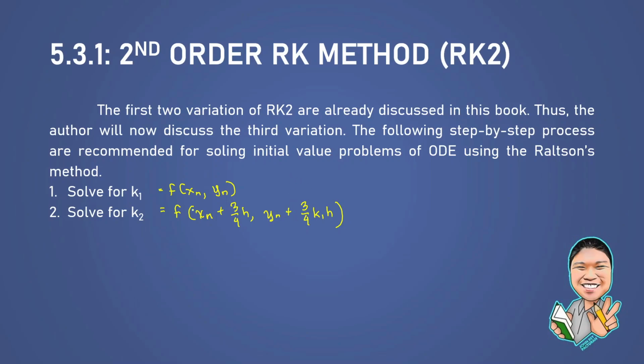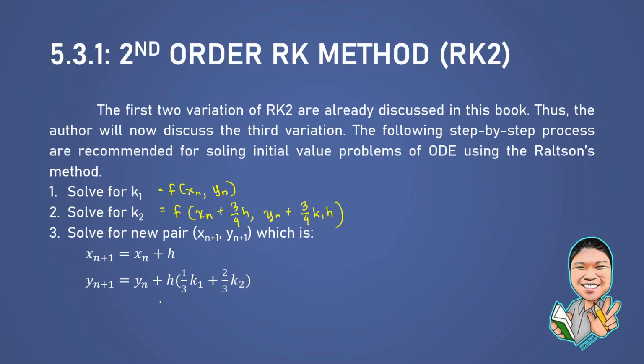So, next natin, yung step 3 is to solve for the new pair x sub n plus 1 and y sub n plus 1, which is, ito lang siya, x sub n plus 1 is equal to x sub n plus h and yung y sub n plus 1 is equal to y sub n plus h, the quantity 1/3 k1 plus 2/3 k2. So, di ba ito na yung ating original na Ralston's method.